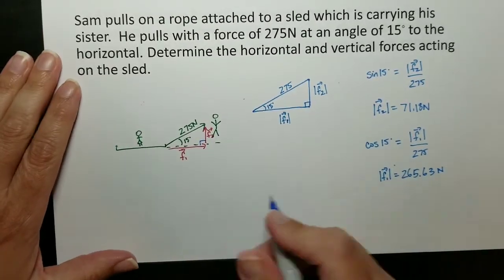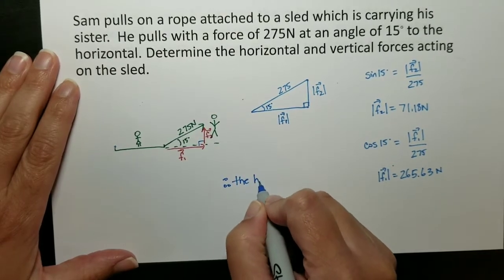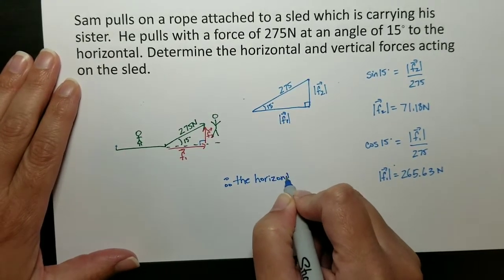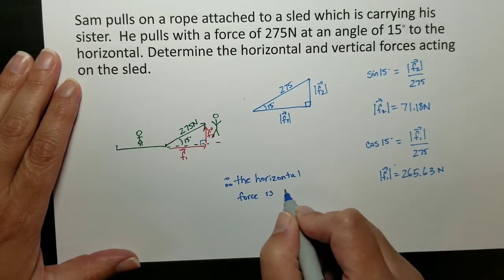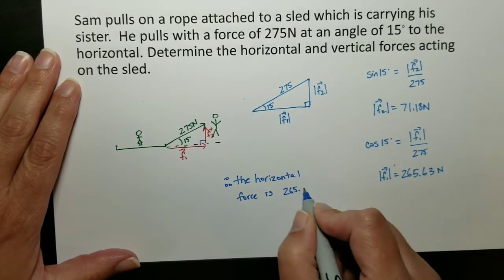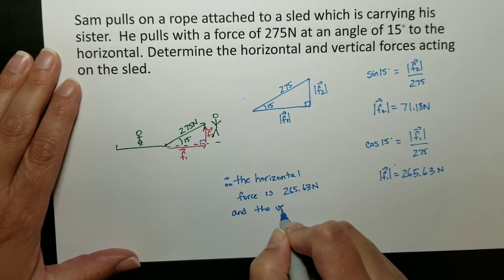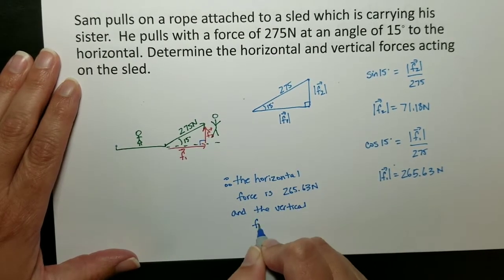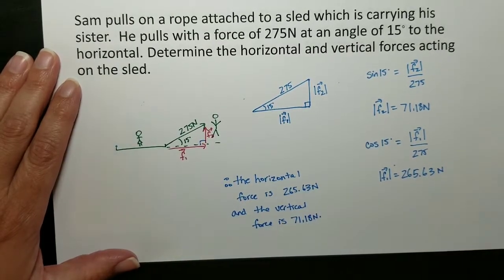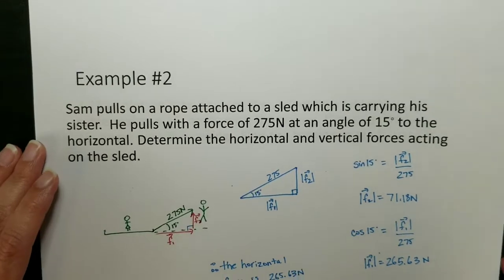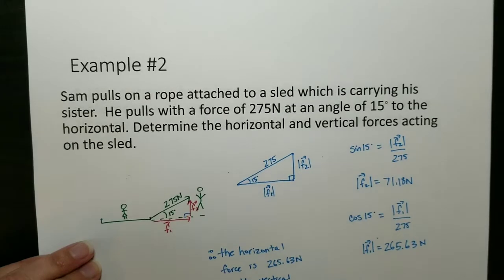So we can say, therefore, the horizontal force is 265.63 newtons, and the vertical force is 71.18 newtons. Okay. So again, almost all of this is just trig once you are able to kind of interpret the question and draw your vector diagram.